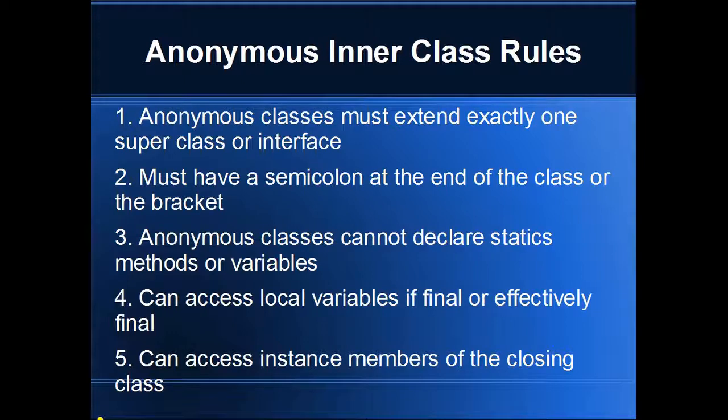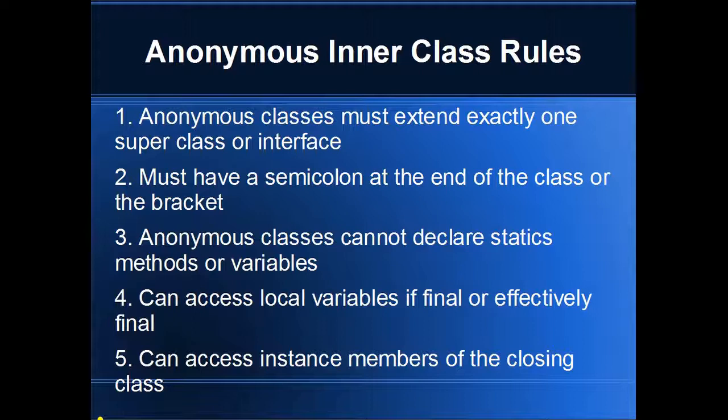And they can access local variables if they're final, or effectively final. And number 5, they can access instance members of the enclosing class. So it can do the same thing like we did in member class, access outer class members, even if they're private.